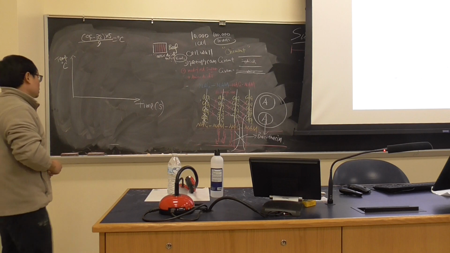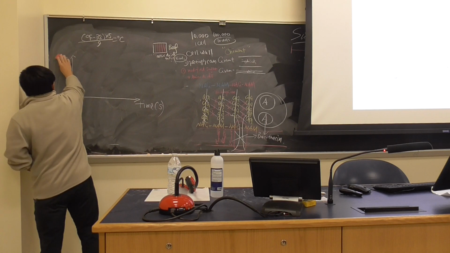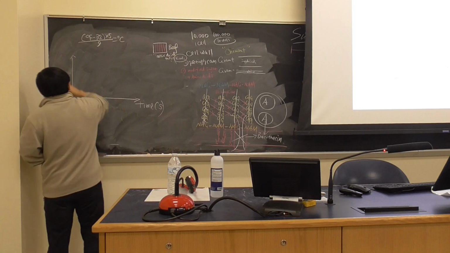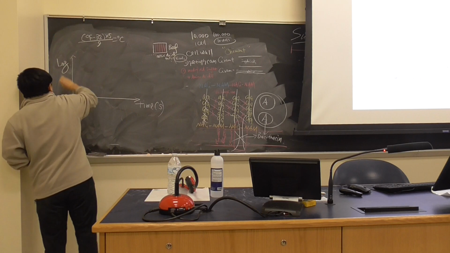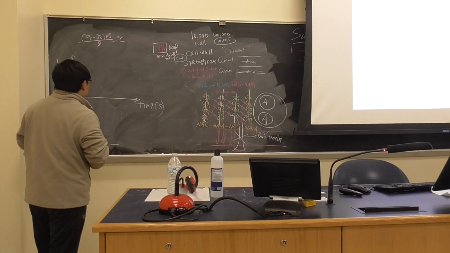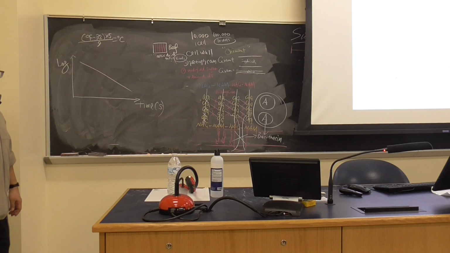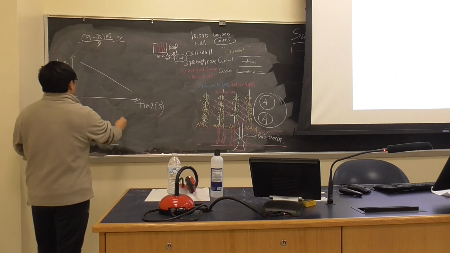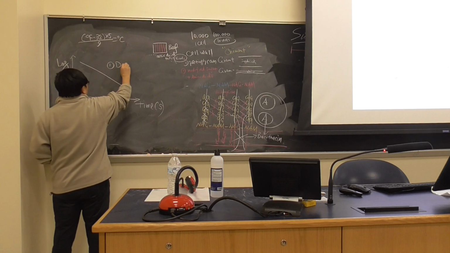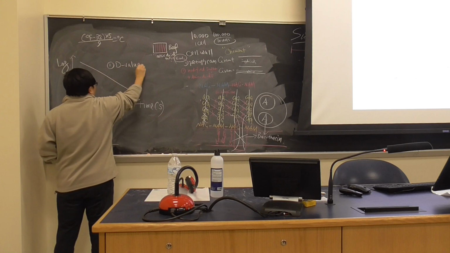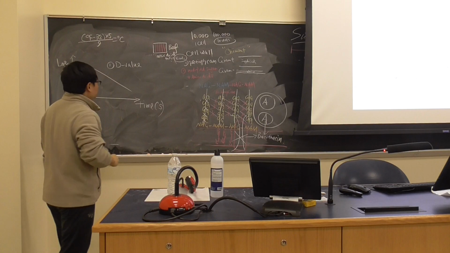Here, they are actually using a log number, so population. The curve looks like that. It's called a linear curve. Then they have 2 indices. Number 1 is called the D-value. What is the D-value?